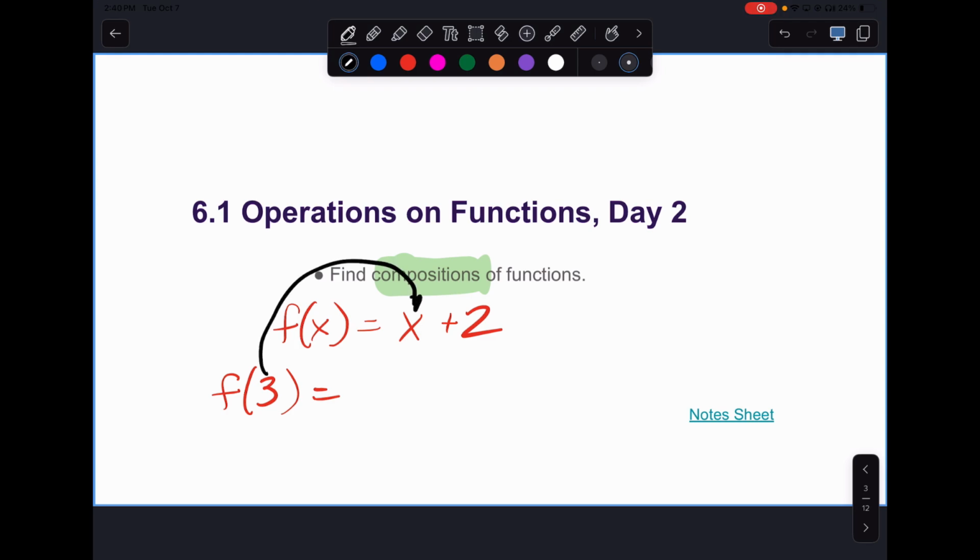That's it. So the value of f of x when x equals 3, in this case, would be 5, right?